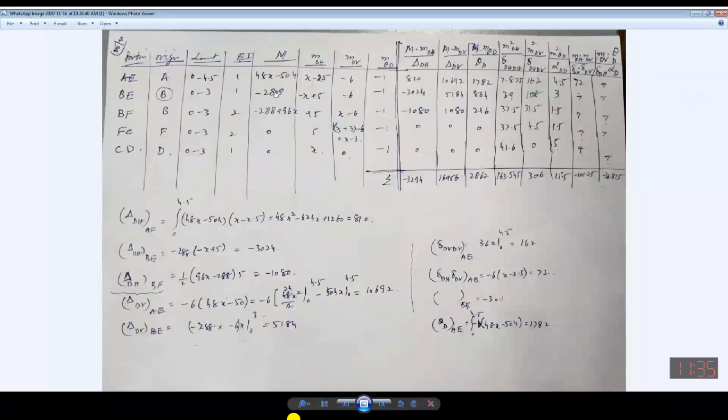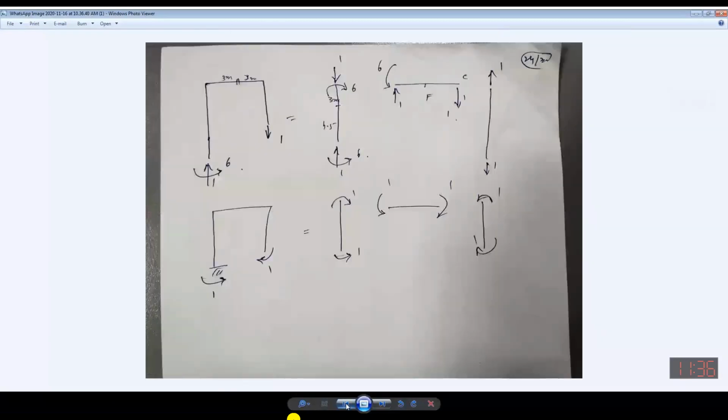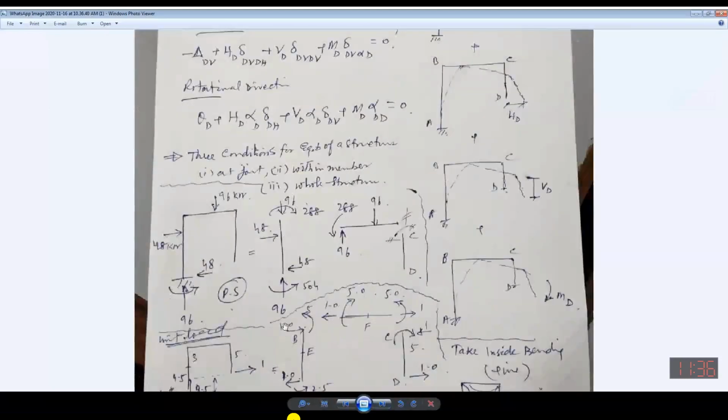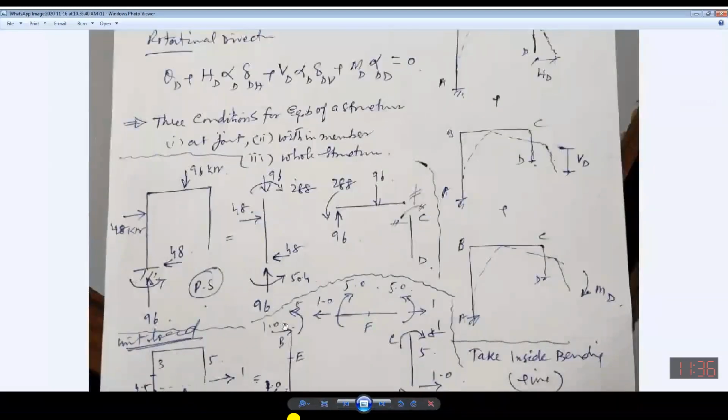Then just keep it in front of you. What is the moment? You can see the solution, and you might not have drawn it, this one. You can see what the moment is for this one.